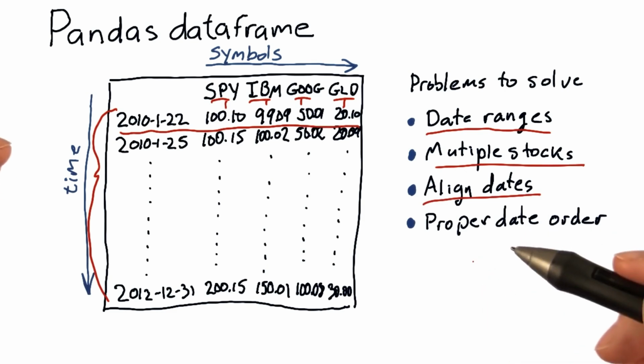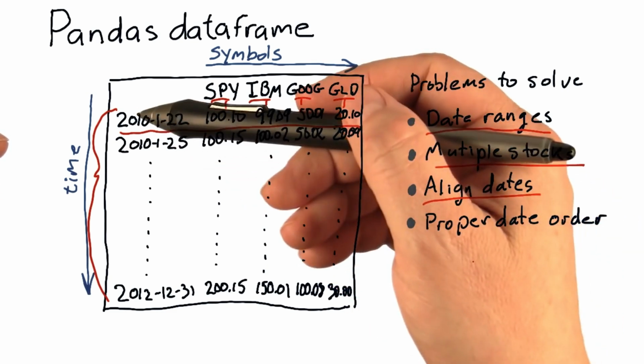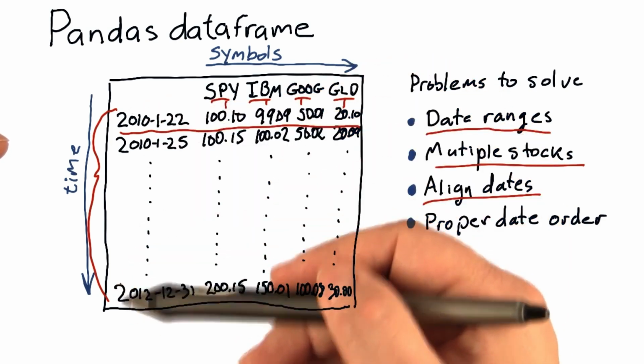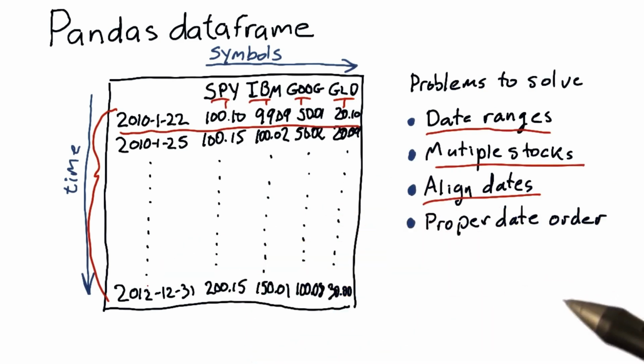Finally, we need to undo that problem that we discovered in the last lesson, namely that the dates in the files we read them from are in reverse order. So we want to be sure we have them in the right order when we're processing them. These are the tasks we're going to dig into in this lesson.